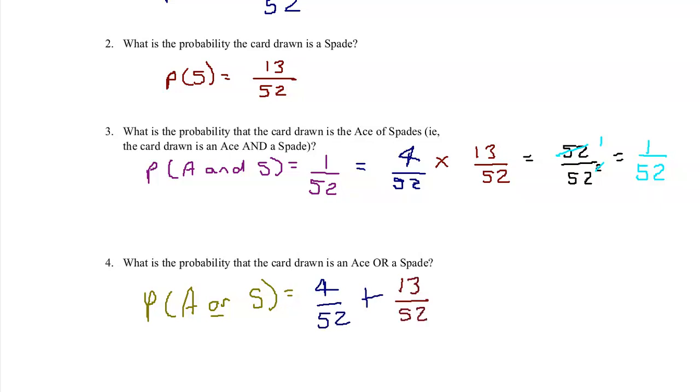But what crazy thing are we doing? We are actually counting the ace of spades twice. So we need to subtract that off.